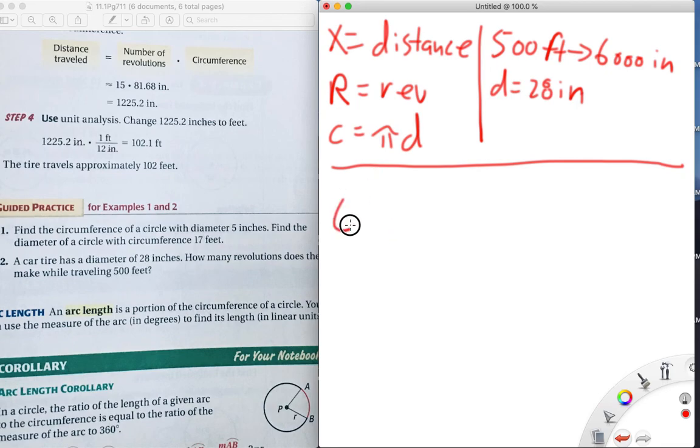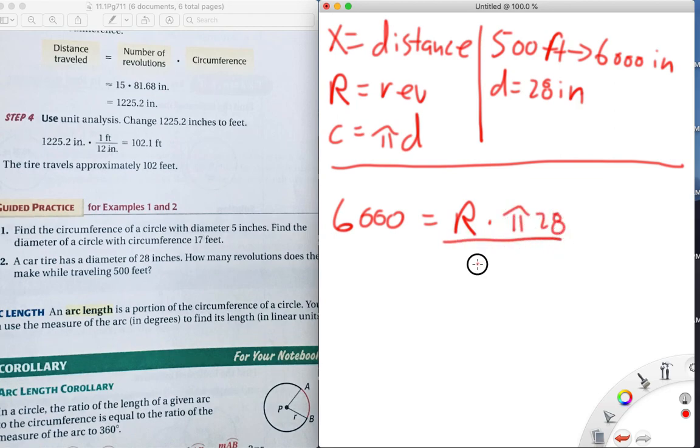So when I set this up, it's going to be 6,000 equals the number of revolutions, that's what we're looking for, times the circumference, which is in this case pi times 28.